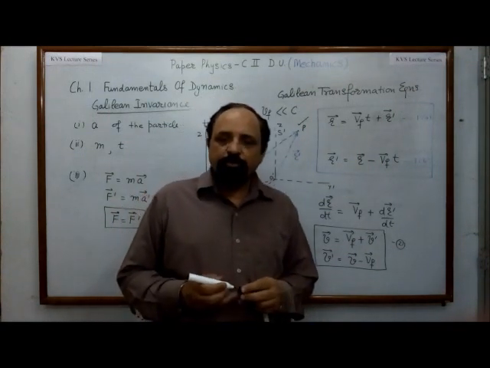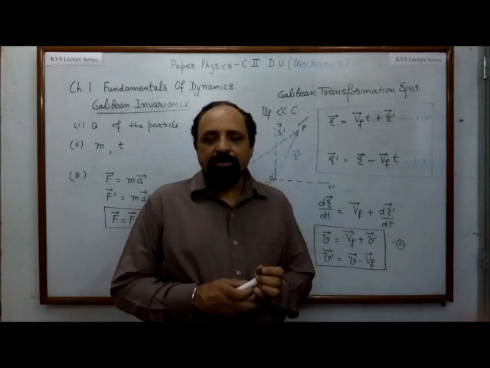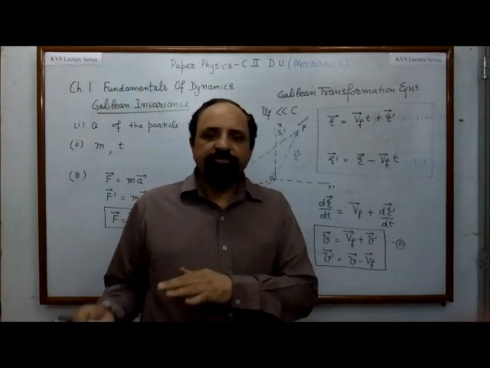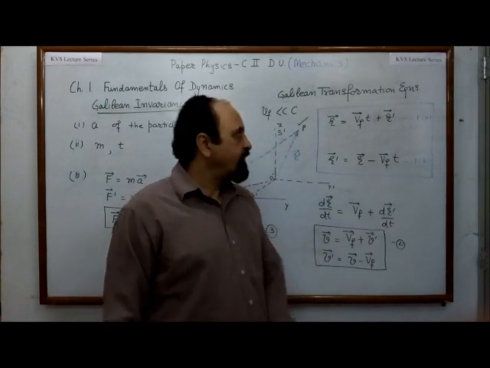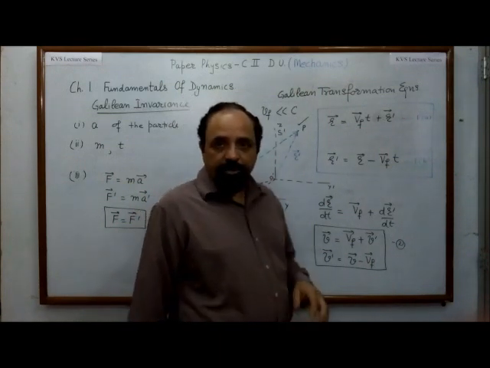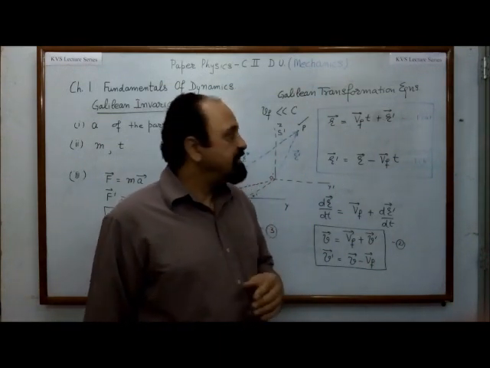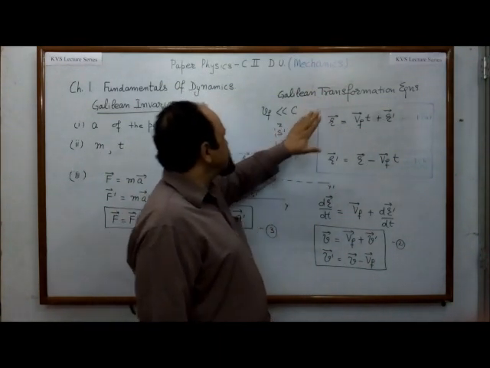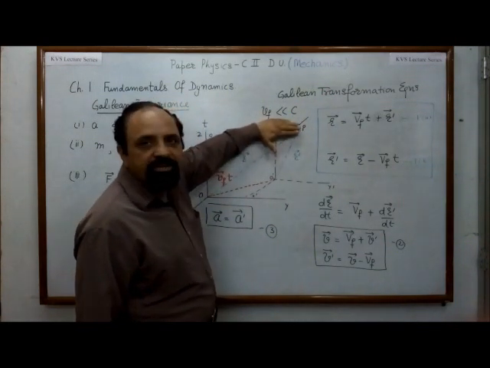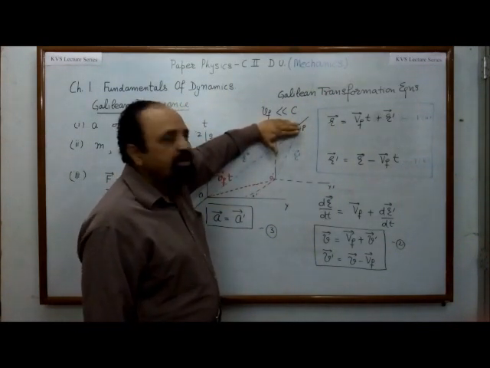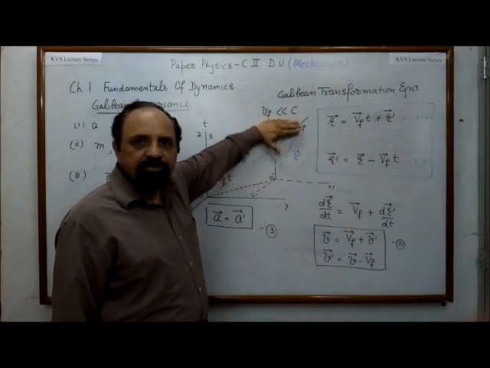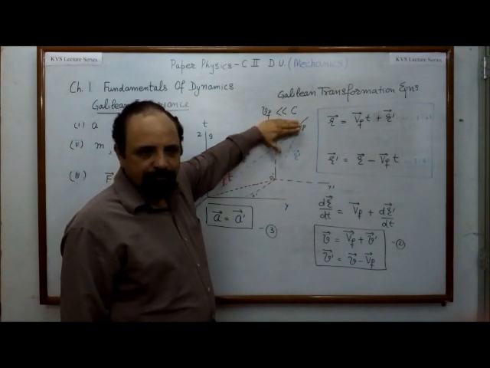So these Galilean transformation equations will help us to transform the quantity from one frame to another frame, but we must remember this, that these transformation equations are applicable only when the relative velocity between the inertial frames is very, very small as compared to the velocity of light.